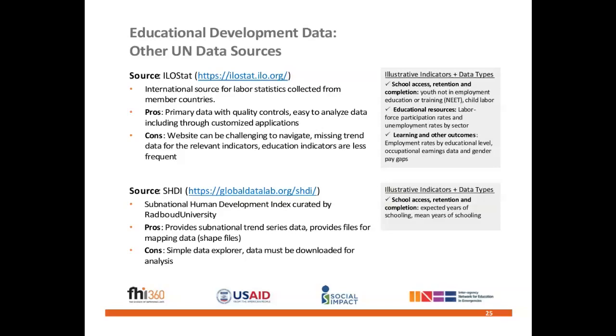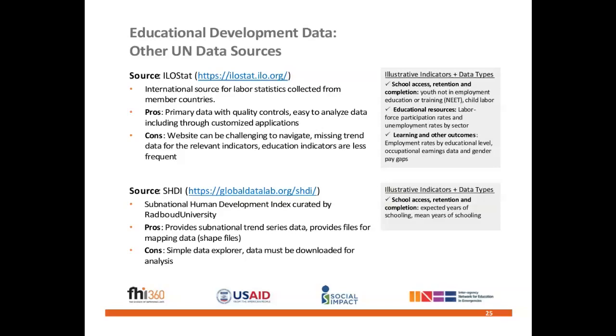Despite that, it is still quite similar to UIS as far as the navigation. You're still having to navigate different tables, and you have to know where things might be nested under. So there's still some challenges as you get used to the individual website. And especially for data like NEET rates or child labor, there's a lot of missing data and gaps between years, so it might be difficult to do trend analysis.